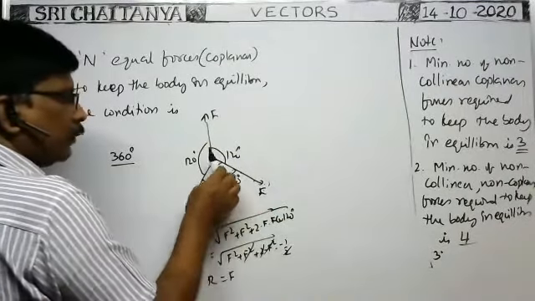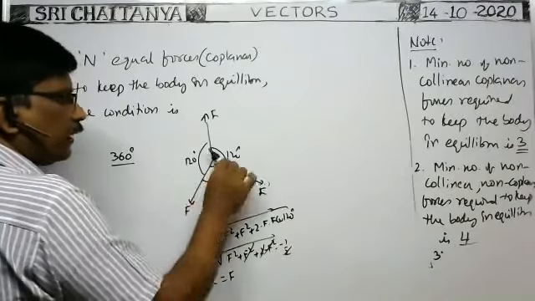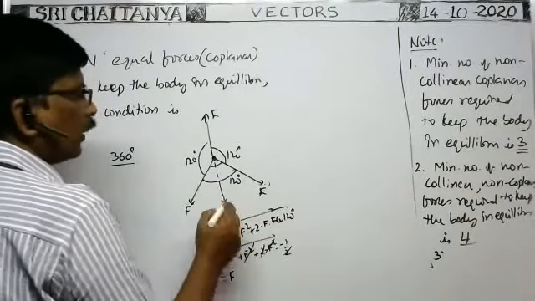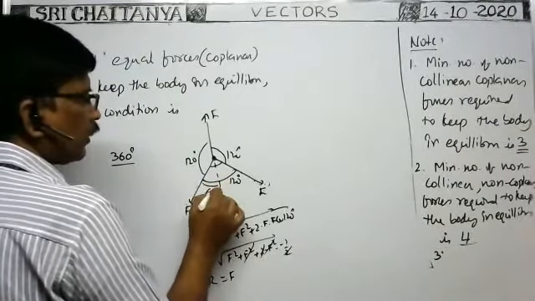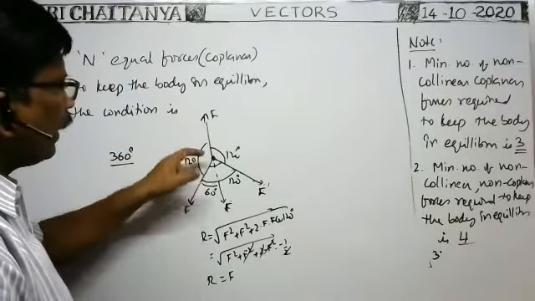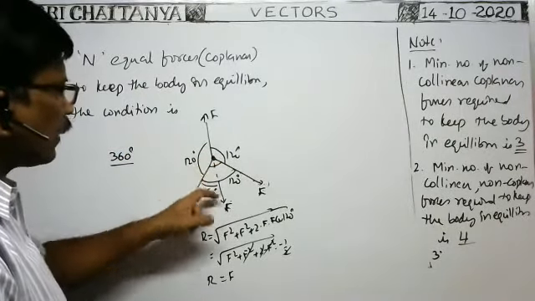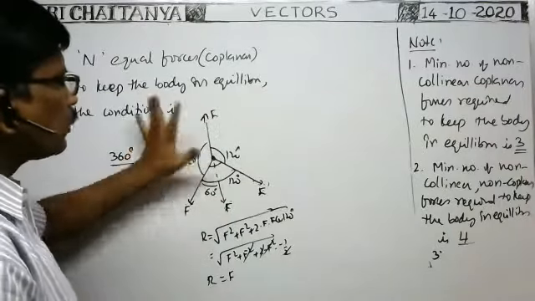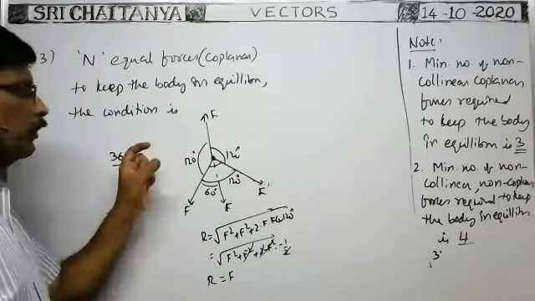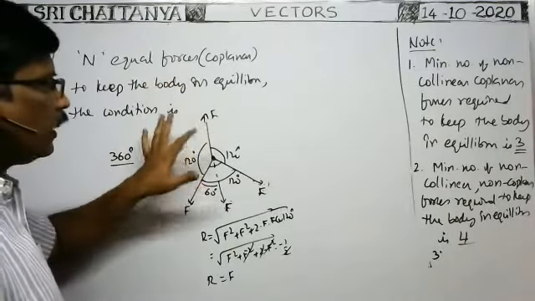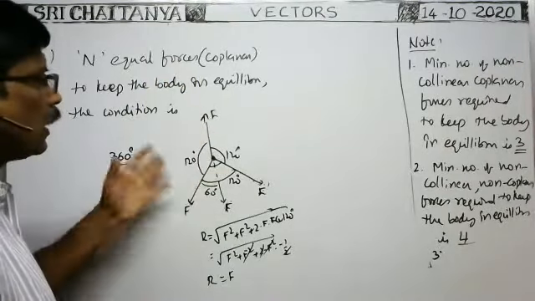Alpha is equal to beta when these two forces are equal. That's why it is 60 degrees. It is 60, it is 120, means totally 180. The resultant of these two is exactly opposite to this one. These two cancel as they are opposite, then the net force becomes zero. That means three coplanar equal forces keep the body in equilibrium if all forces are equal.